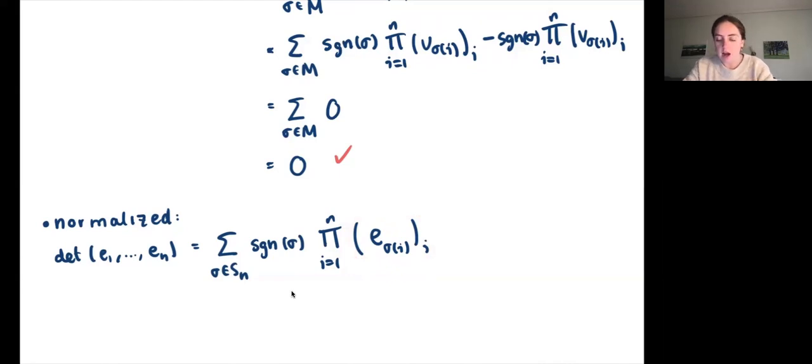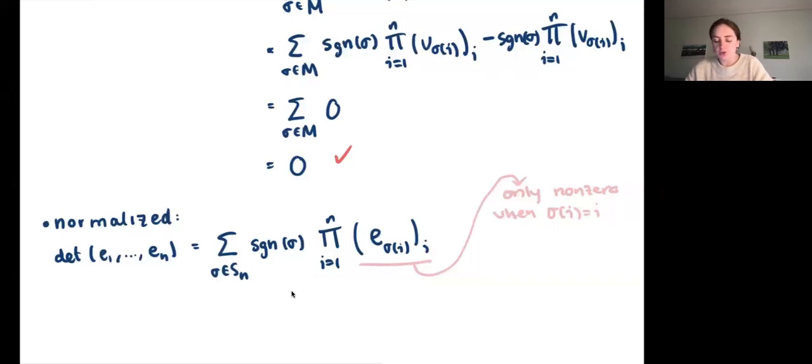So when is this not 0? e_i is non-zero in the ith coordinate, so this is only non-zero when sigma of i is equal to i.